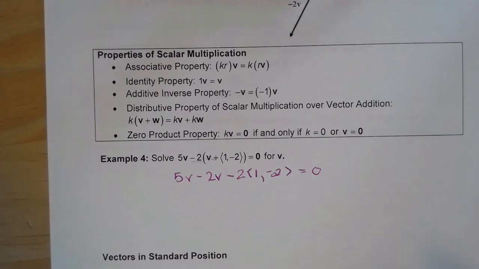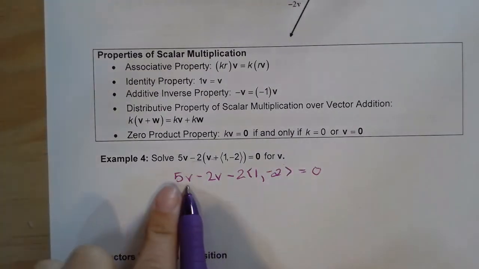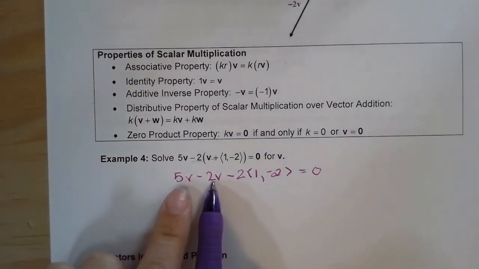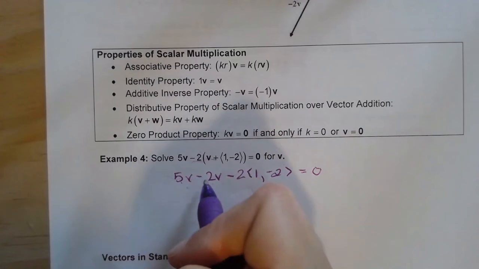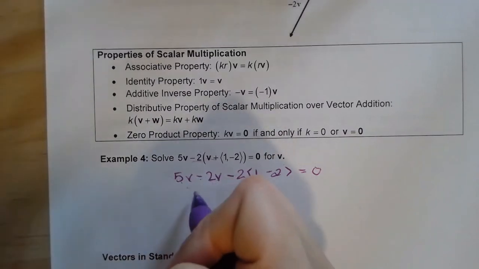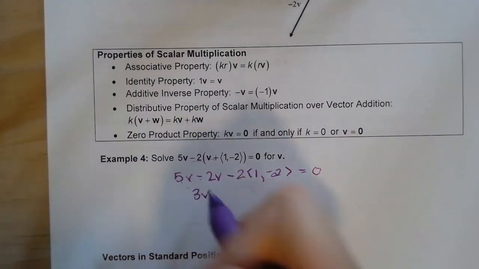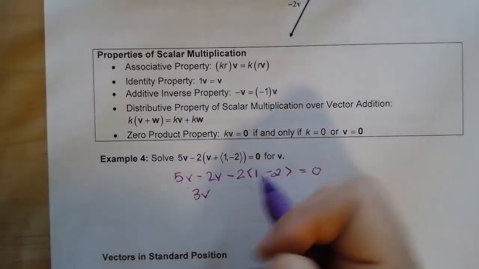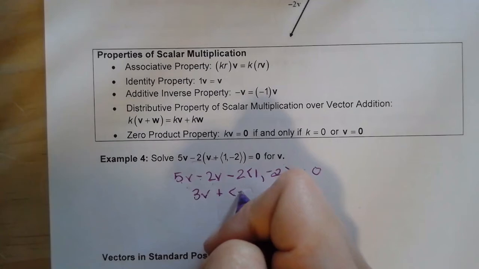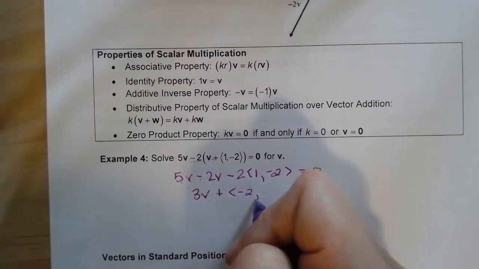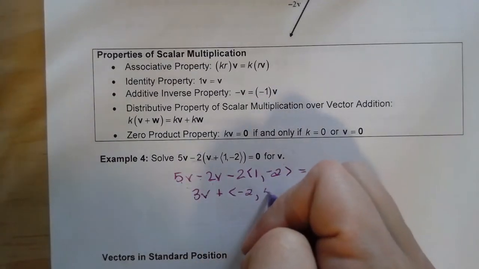Now remember, our goal here is to get v by itself. Same as combining like terms, we can do that with vectors. So 5 vector v minus 2 vector v is, of course, 3 vector v. I'm going to distribute that -2 out, so I'm adding this (-2, 4).